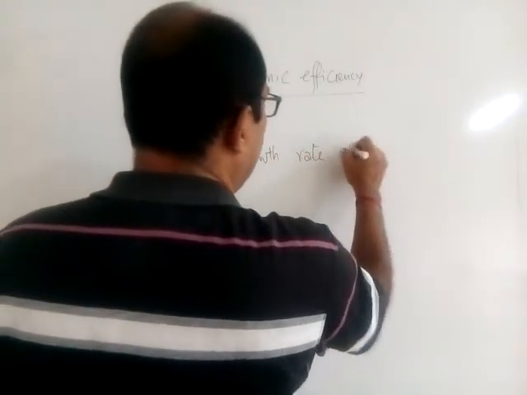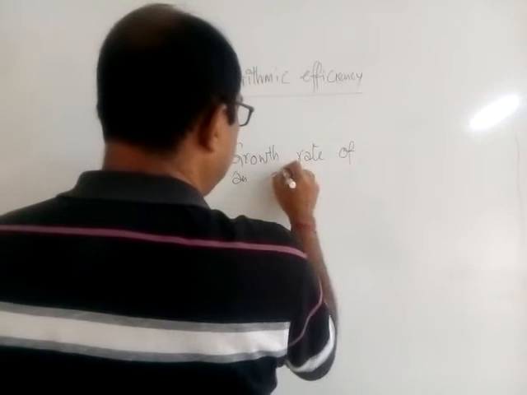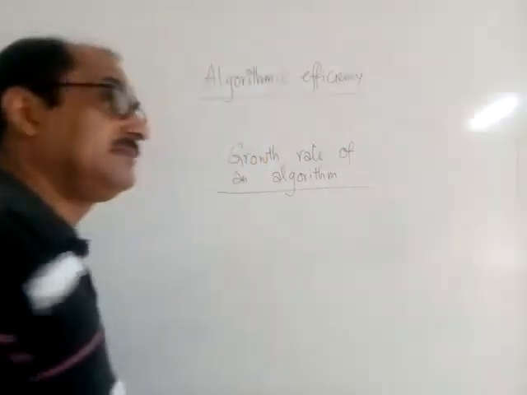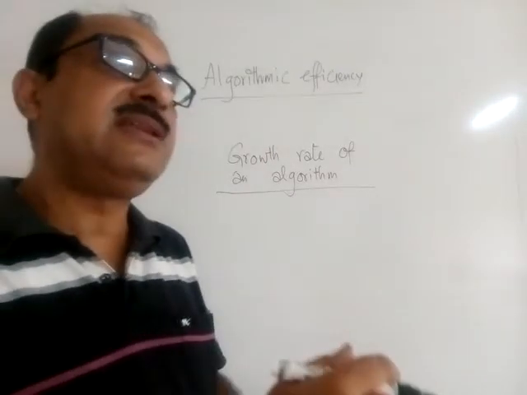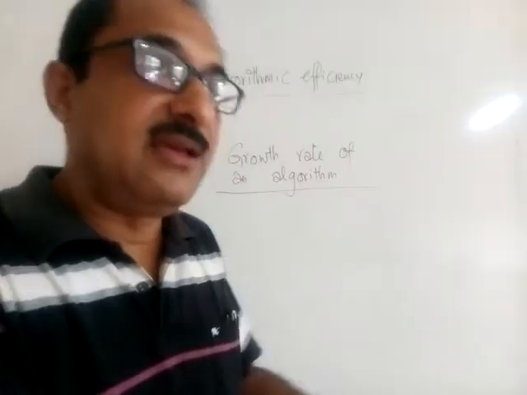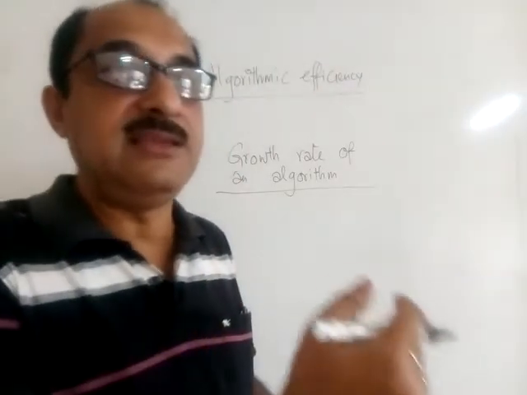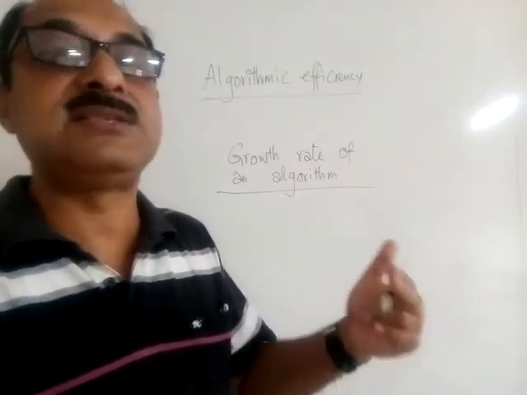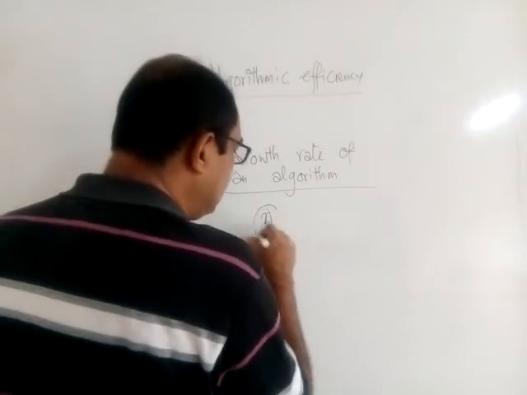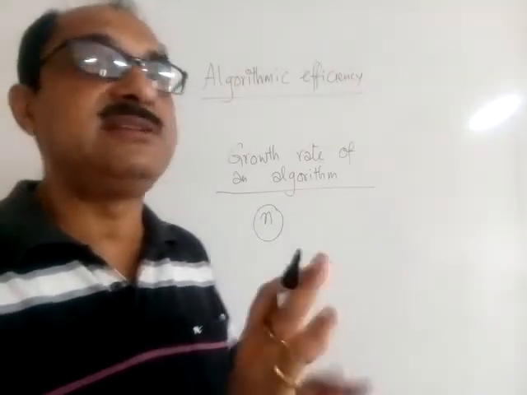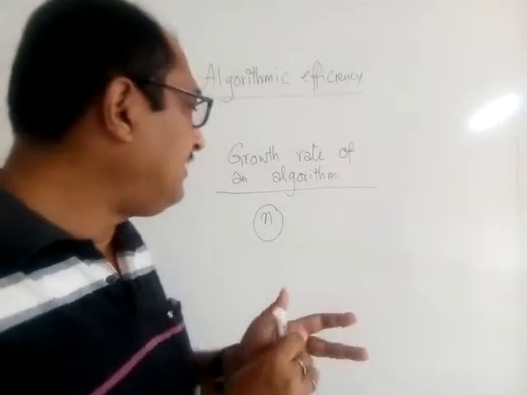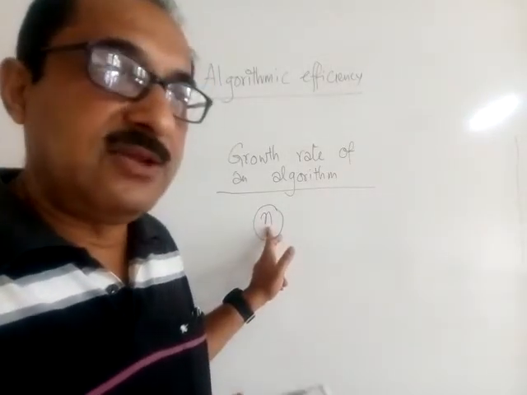Now another term we have to understand here. That term is called growth rate of an algorithm. Growth rate of an algorithm says how the algorithmic efficiency, how the algorithm's performance, will vary as the input size increases.